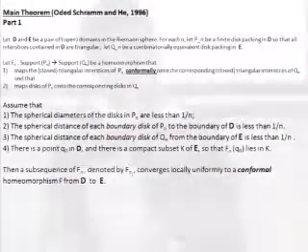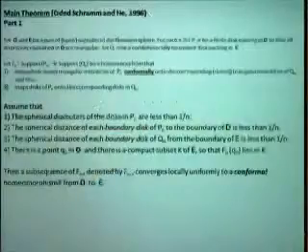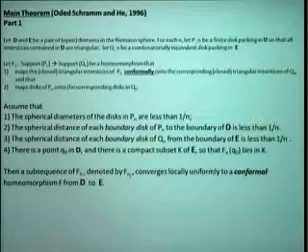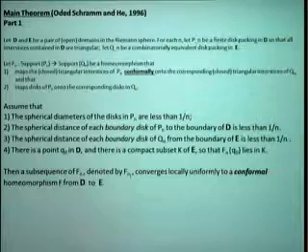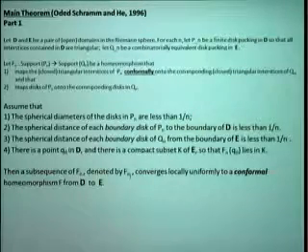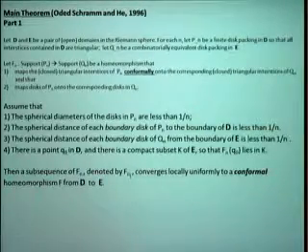Now, those are generic assumptions. Basically, the spherical diameters of the disks are small, and the boundary disks are very close to the boundary of the domain. And finally, a normalization condition that the map will not converge to the boundary.